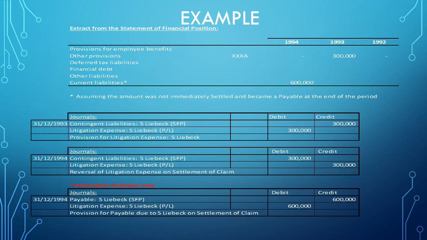However, when we go to 1993 and we almost confirm the 300,000, we're saying they've gone to a lawyer, McDonald's is negotiating, we need to make a provision for this.